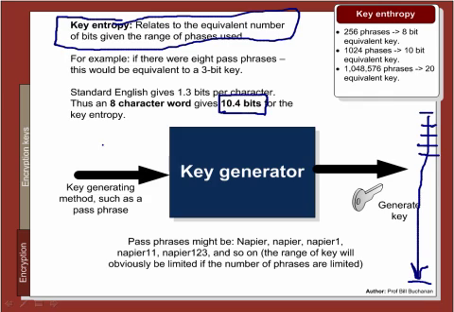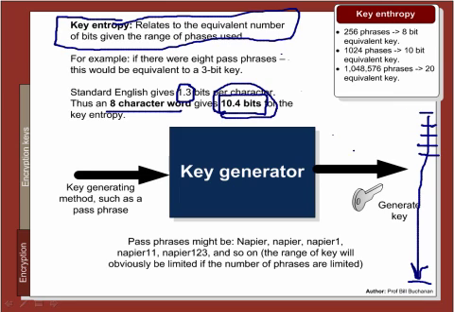So if an encryption key itself is generated from, say, a keyword or a passphrase, it's actually been shown that each English letter is only worth about 1.3 bits per character. So an 8-character word only has a key strength of about 10.4 bits.